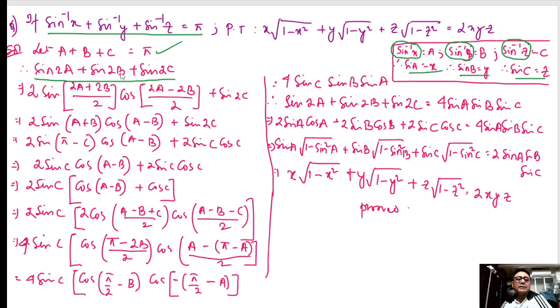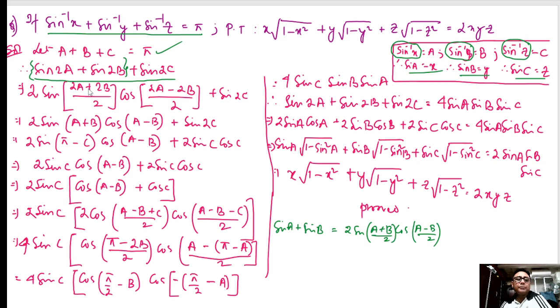Sin 2a plus sin 2b plus sin 2c. What is sin 2a plus sin 2b? Please note the formula: sin a plus sin b is 2 sin of (a plus b) by 2 into cos of (a minus b) by 2.